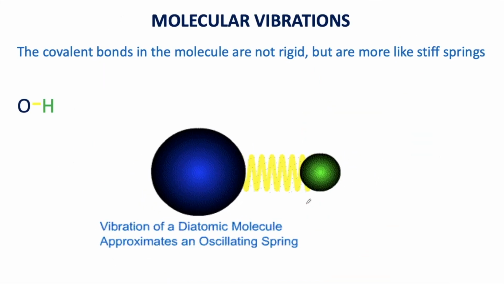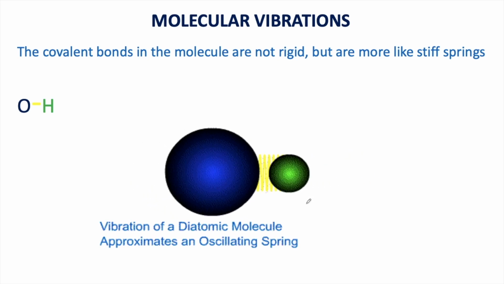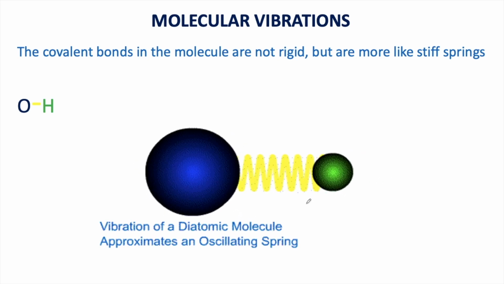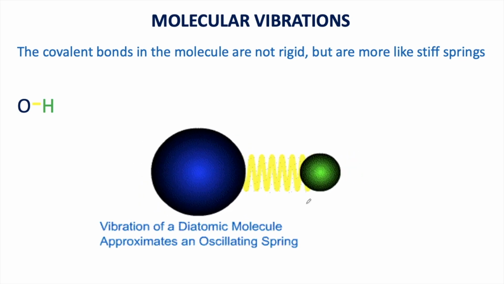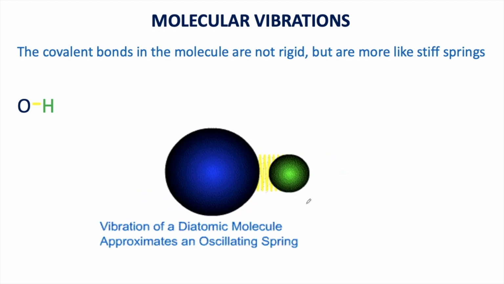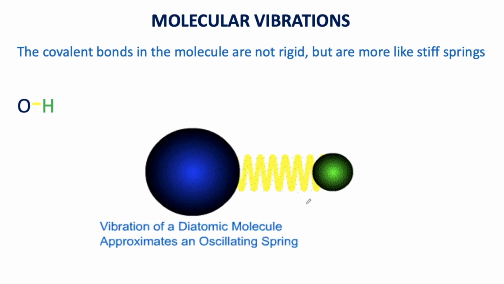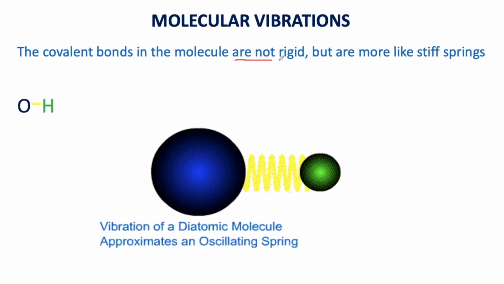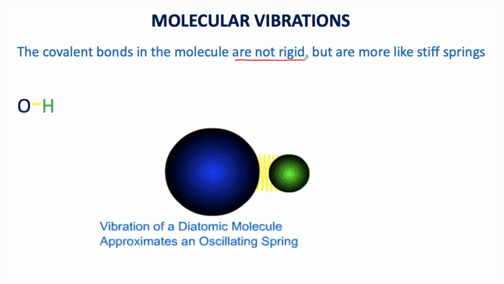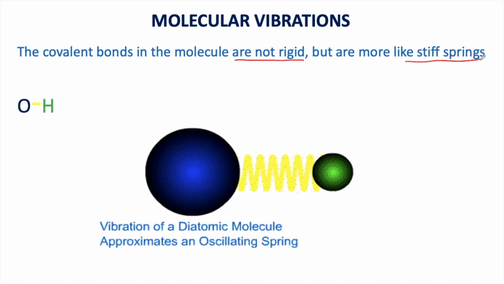Molecular vibrations: periodic motion of the atoms of a molecule relative to each other, such that the center of mass of the molecule remains unchanged. It is considered that the covalent bonds in molecules are not rigid, but are more like stiff springs.